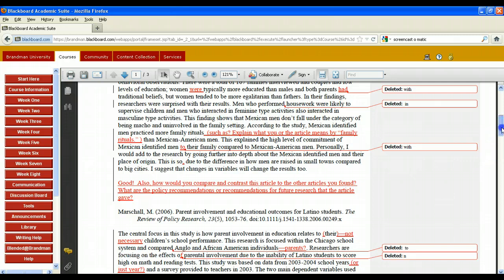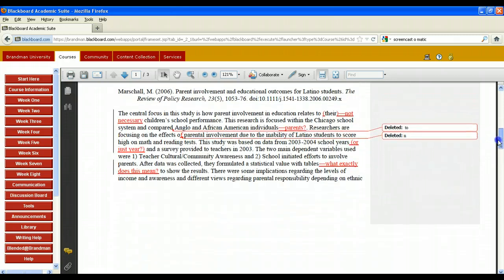Okay, so let's look at another one. Begins with the entry in APA format. Perfect. So again, remember, number 1, the main idea or main research question answered in this study. Number 2, the methods used. Number 3, the main findings. Number 4, how does it relate to your research question?